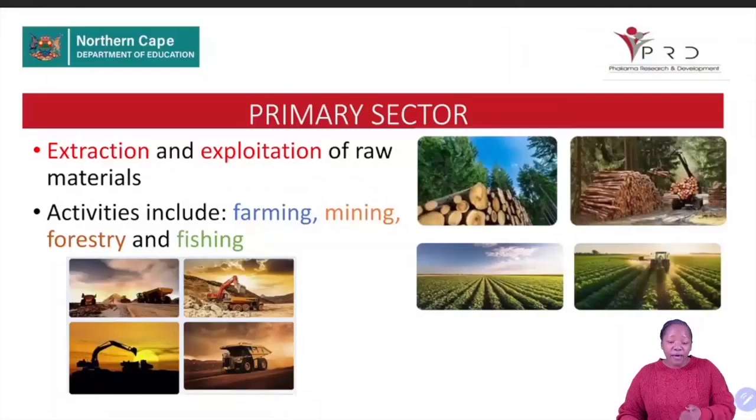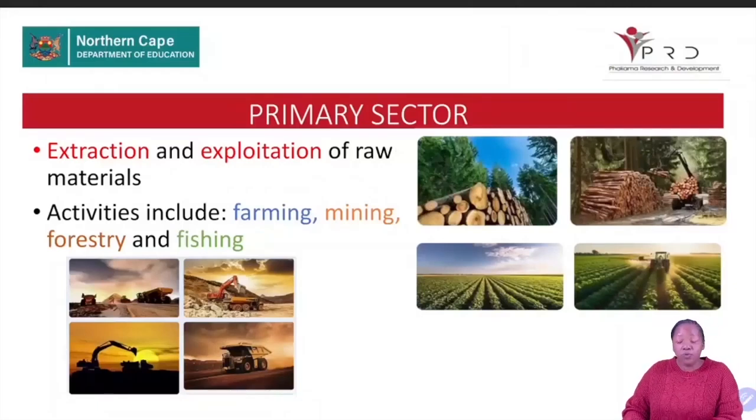Then from there, we are dealing with mining. There are types of mining. We're talking about coal mining. We're talking about gold or platinum. Remember, these are the ones that create these minerals or resources or raw material from the soil. Then also, we're talking about forestry. From forestry, you do know we get wood.